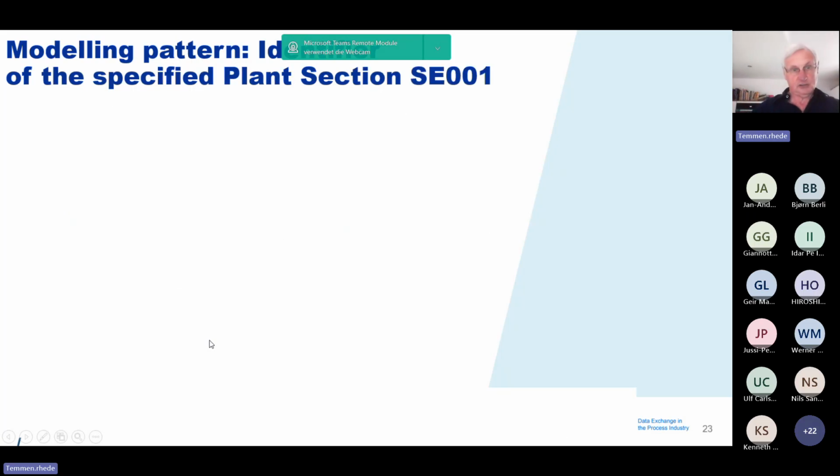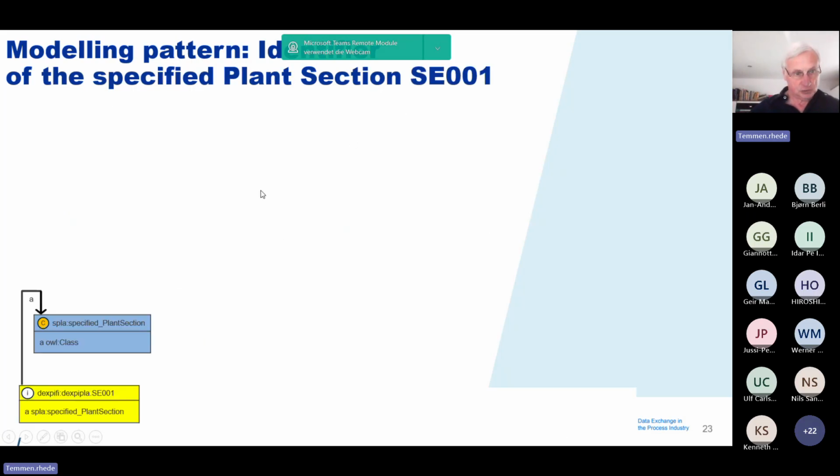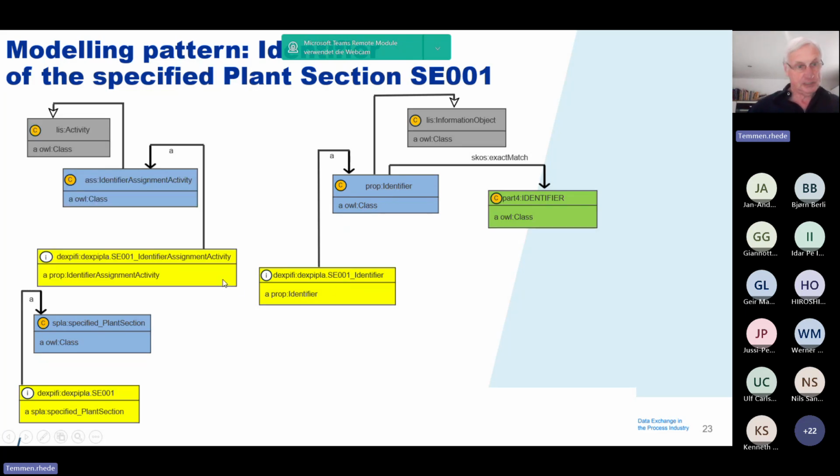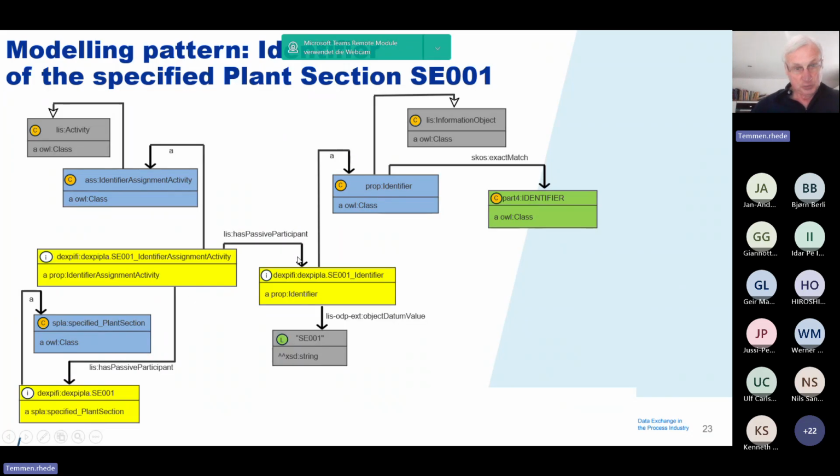And on instance level, the special one, we have the special plant section that needs an identifier, and here we have the information object as shown, and this information object has an instance, the identifier, and then we use the assignment concept. We have an instance from the assignment, and this one is now with the list object property has passive participant related to each other.